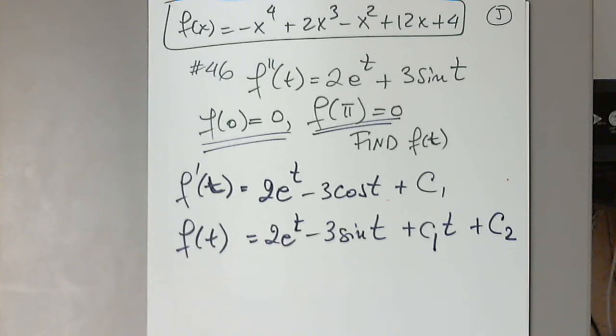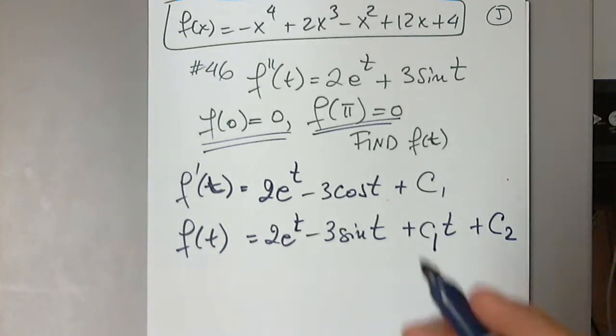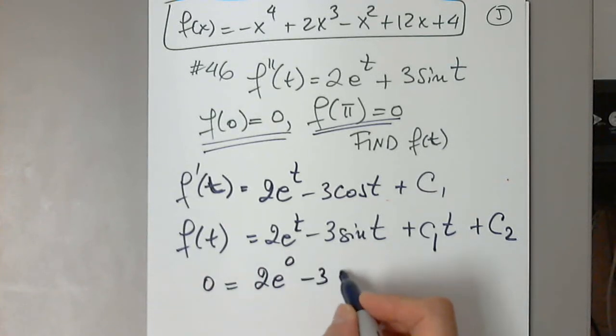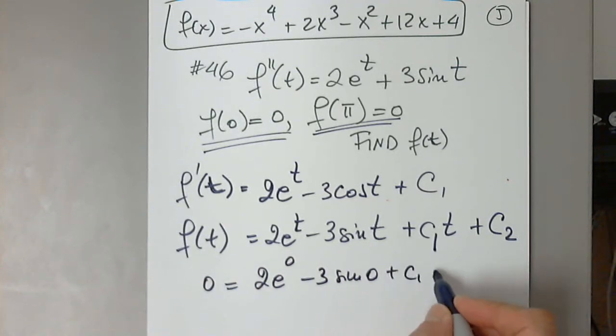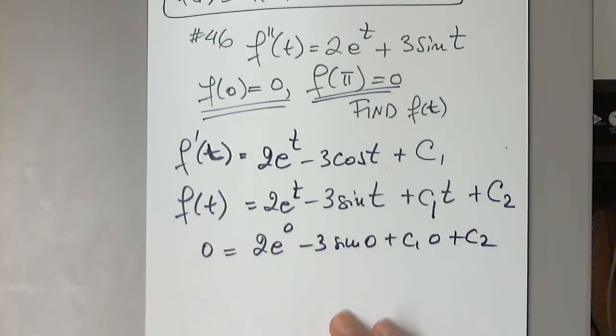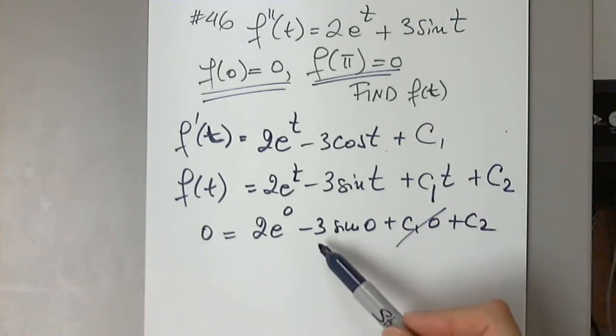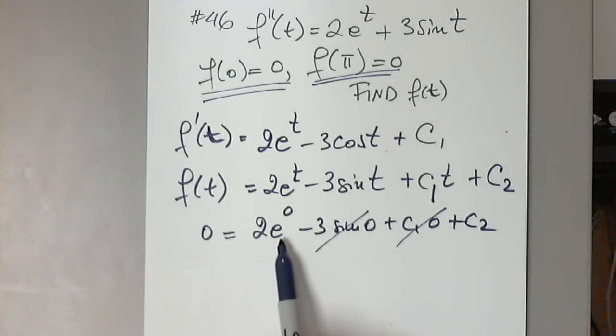So let's look at the first condition. The first condition says f of 0 is 0, so 0 equals 2e to 0 minus 3 sine 0 plus c1 times 0 plus c2. I shouldn't even write this, but I want you to see it. And of course, these two go away. How much is e to 0? 1.